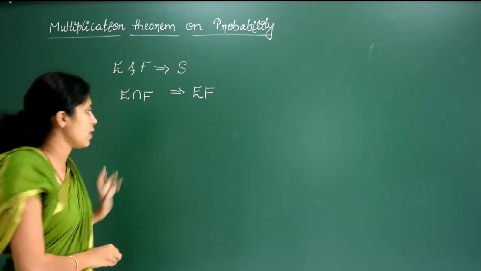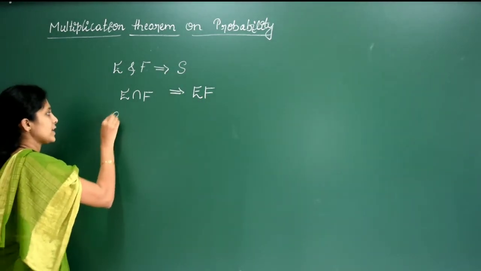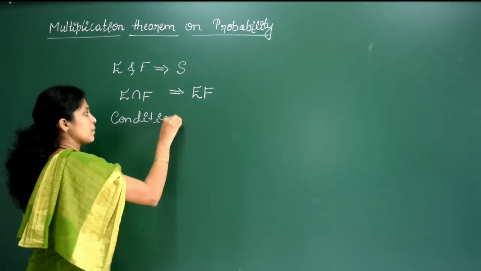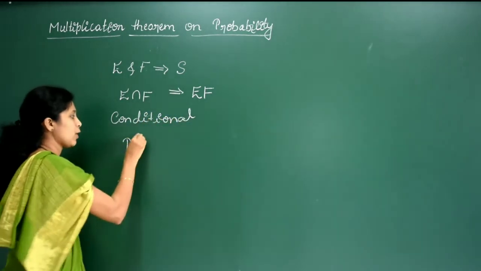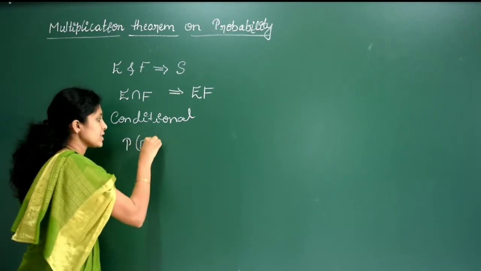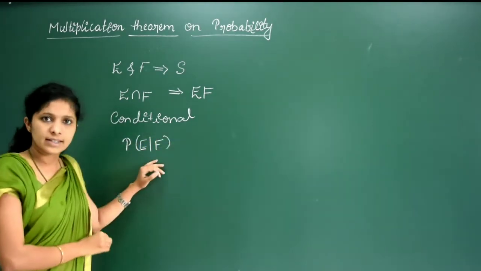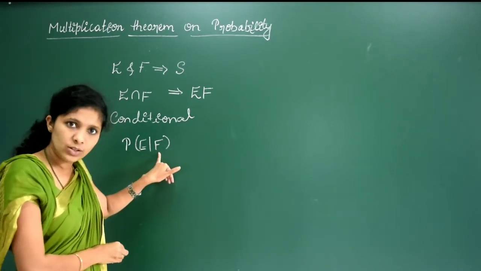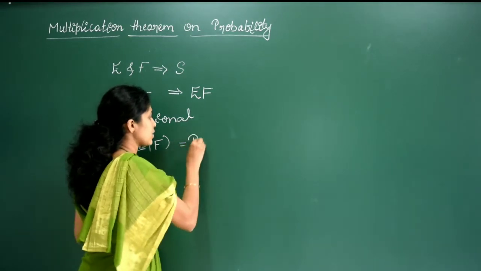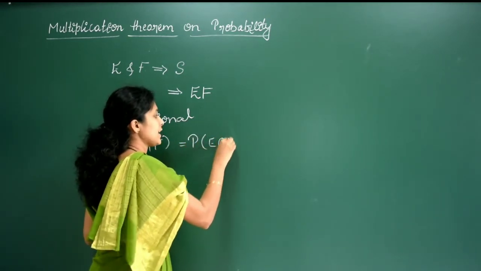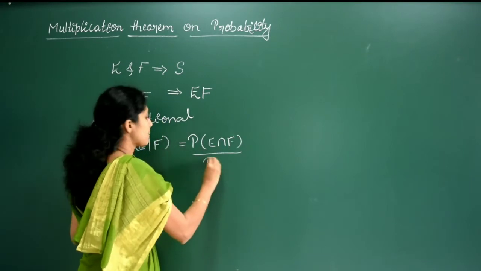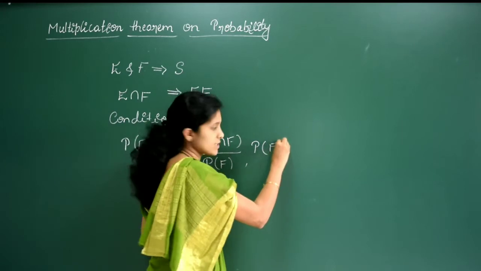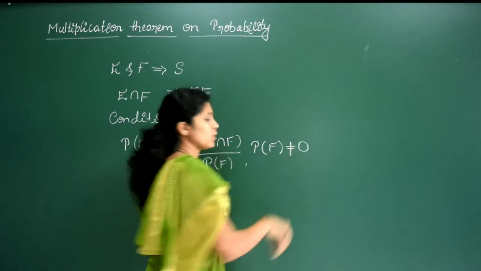Remember this. Now, if I want to find the conditional probability of an event E where F has already occurred, this is a conditional probability. It is given by P of E intersection F divided by P of F, where P of F cannot be equal to 0.